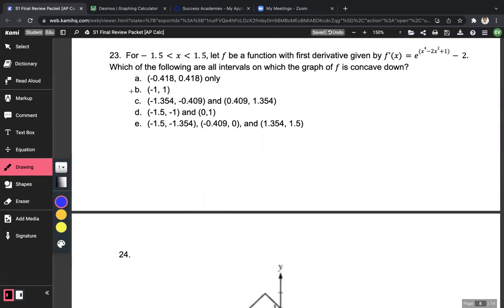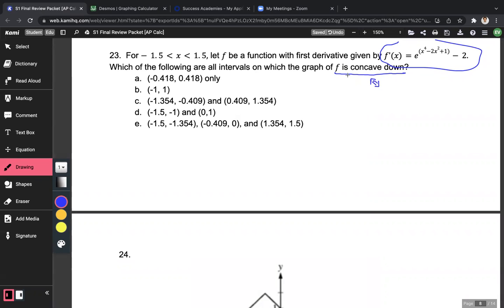23, I'm given an interval and I've got a first derivative here, given by that guy. Which of the following are all intervals on which the graph of f is concave down? Great question. So if f is concave down, that means our second derivative is negative, but we're given a first derivative.